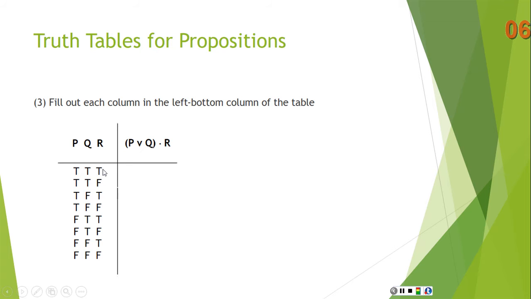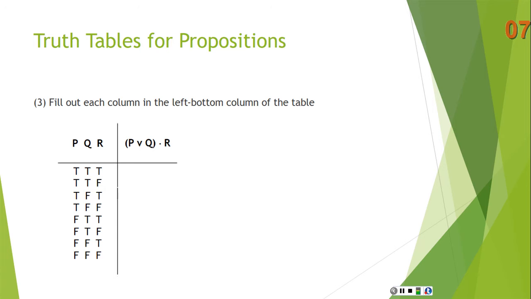And we did that by alternating by 1s, starting with T: T, F, T, F, T, F, T, F. Alternating by 2s, starting with T: T, T, F, F, T, T, F, F. And alternating by 4s, starting with T: T, T, T, T, F, F, F, F. And you need to fill it out in exactly that way. That is our convention for this class, and if you don't, when it comes to the test, you're going to lose points.